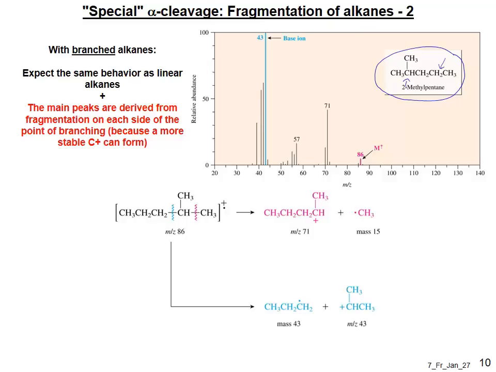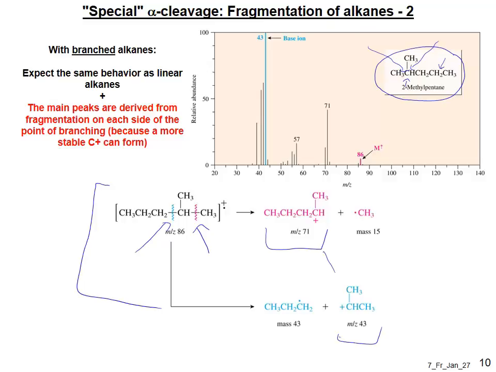Then on each side we would have either a CH3 plus or primary carbocation. But if you think about breaking the bonds that are right around the site of branching, we can form, as is shown at the bottom here, much more stable carbocations. If we break this bond right here, we would form a secondary carbocation that's more stable than the previous ones. If we break instead this position here, we form another secondary carbocation.